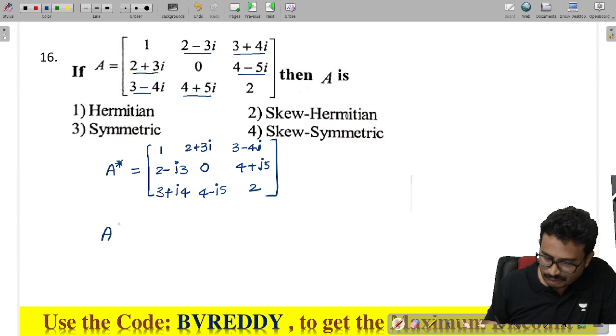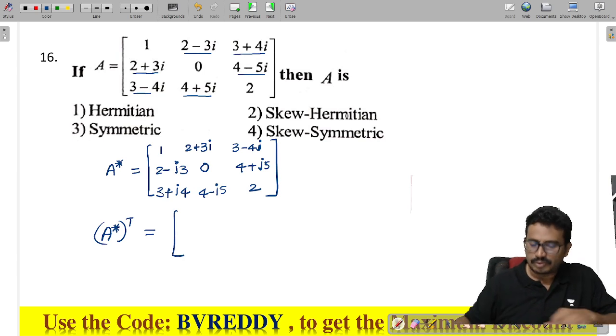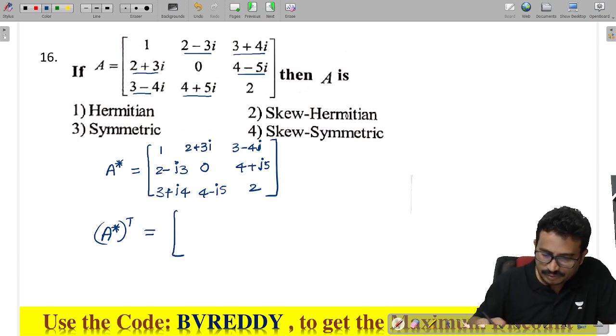And if I take the conjugate after the transpose I have taken, now see what we can get here.